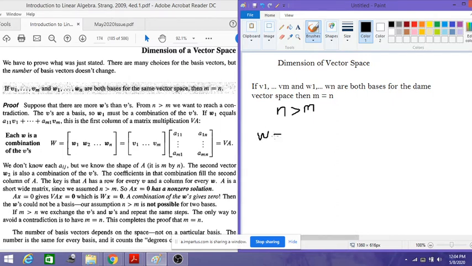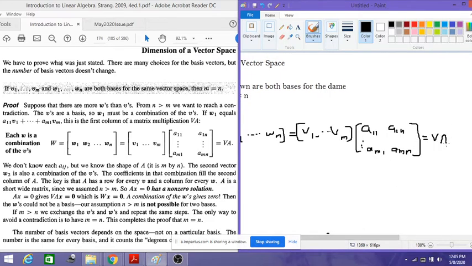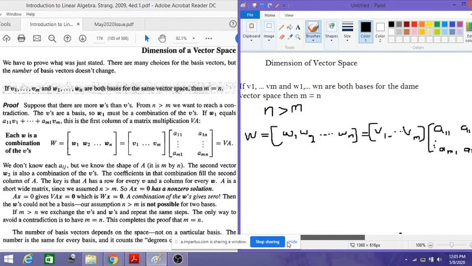That can be written as, if capital W is equal to w1, w2, up to wn in the form of columns, which should be equal to v1 to vm multiplied by a matrix, that is a11 to a1n, likewise up to am1 to amn. Then this results in v into A.